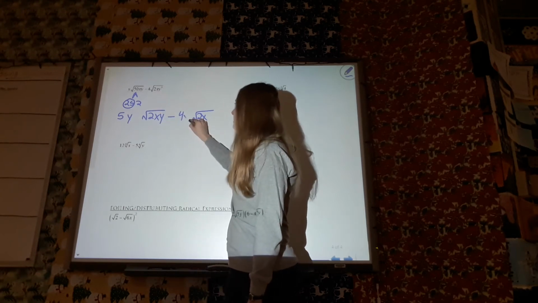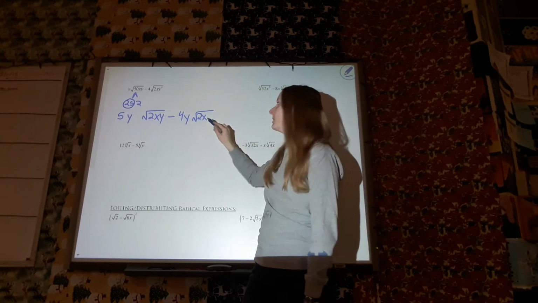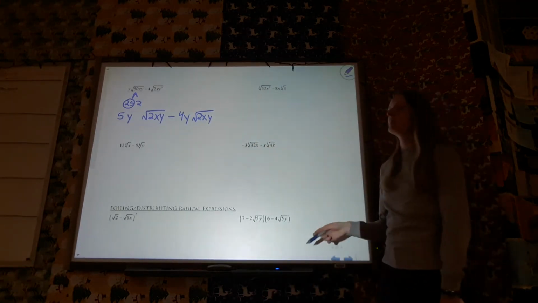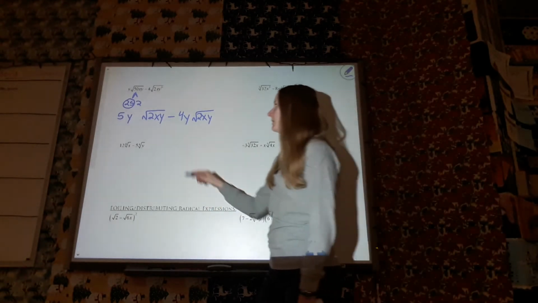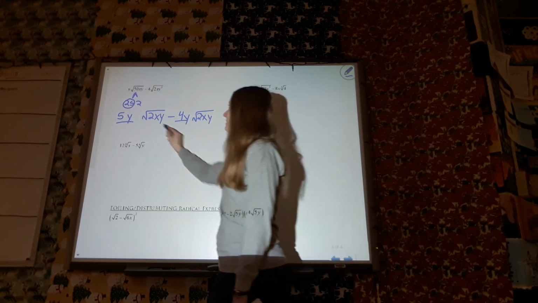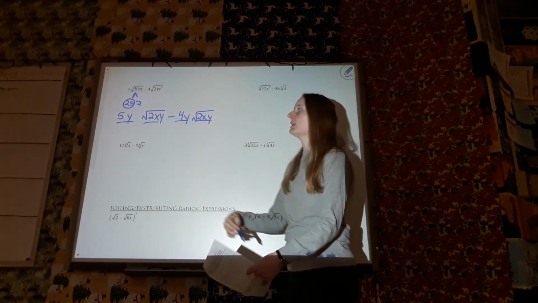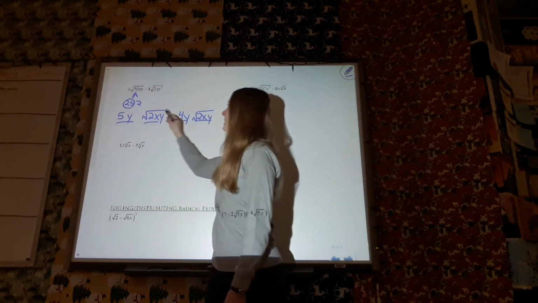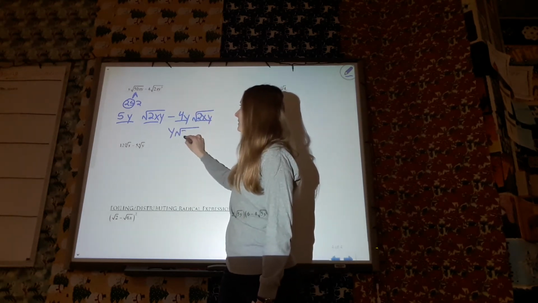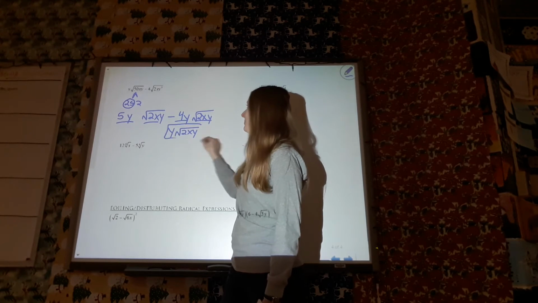So that means I have y to the 1, but how many was left over? 1. Cool. So, are the terms on the outside like terms? Yes. Awesome. Are the radicals themselves like terms? Yes. Awesome. That means I can combine everything. So if I have 5y minus 4y, it's 1y, and then the common radical stays the same.